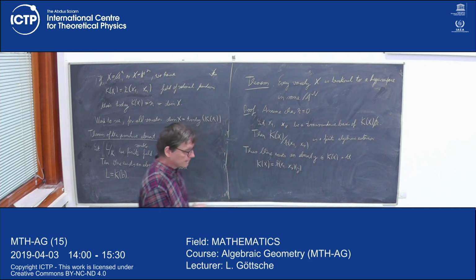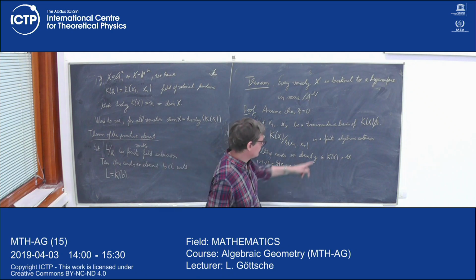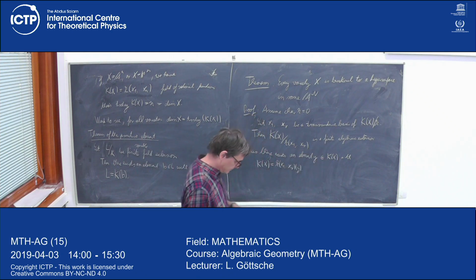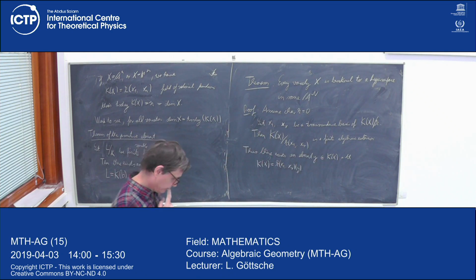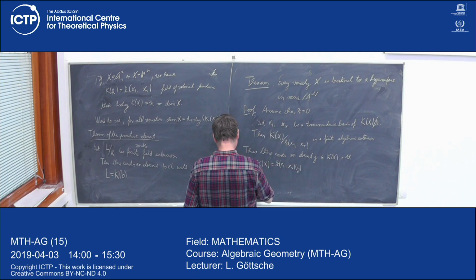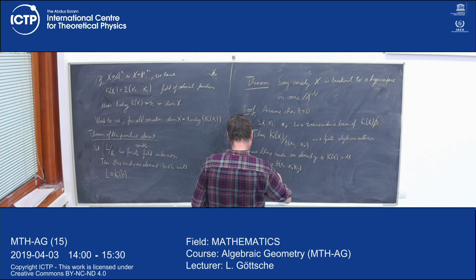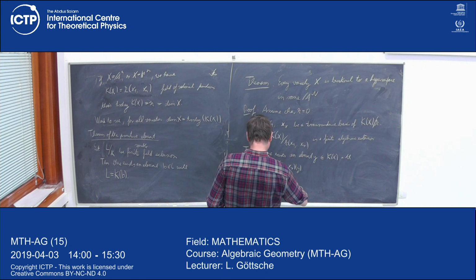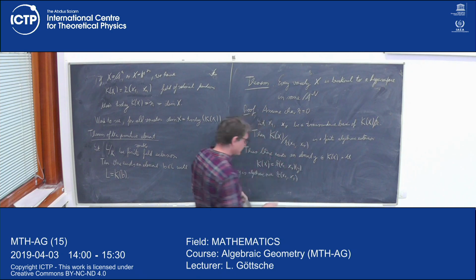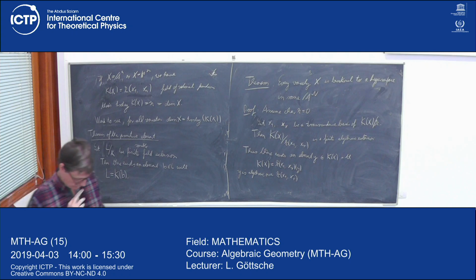So by adding one algebraic element y. y must obviously be algebraic, since it is an algebraic extension. So y is algebraic over K(x1 to xr). So there's a non-zero polynomial which has y as a zero.